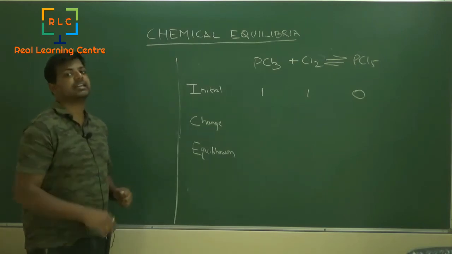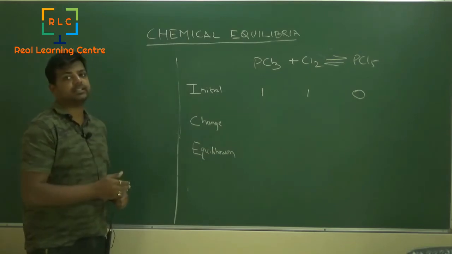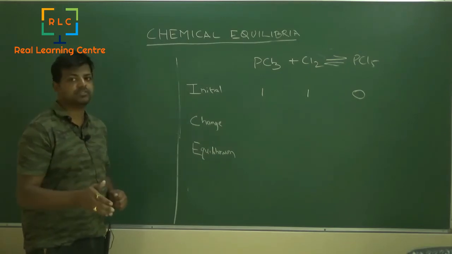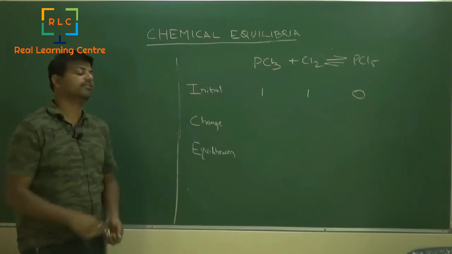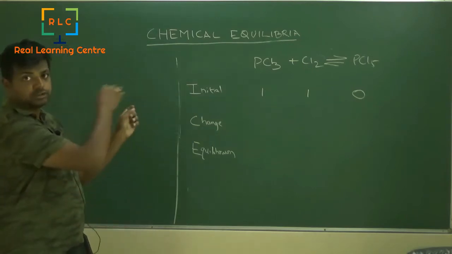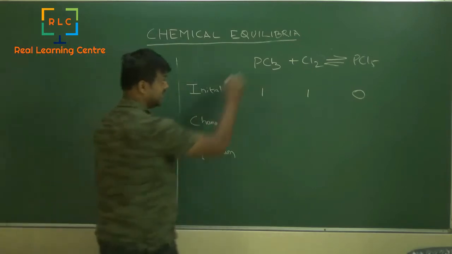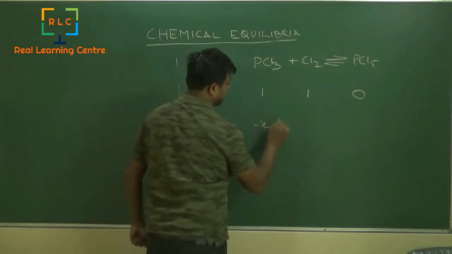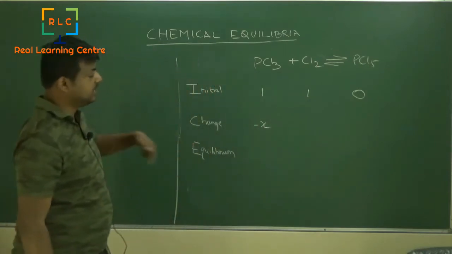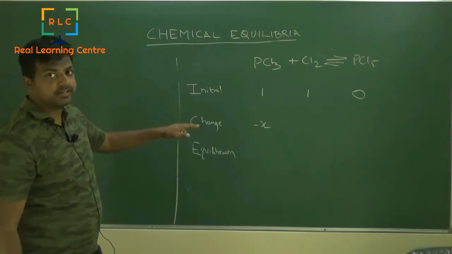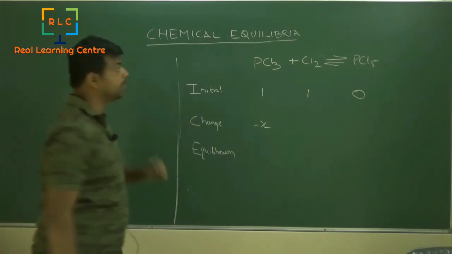Taking it further, if X moles of PCl3 reacts, it will take X mole of Cl2 to give me X mole of PCl5, because that's how the stoichiometry works here. So let's say X moles of PCl3 reacts. The change here would be minus X because it is being used up.